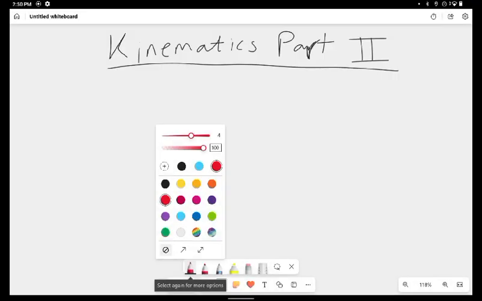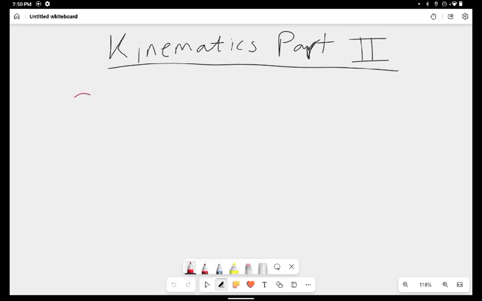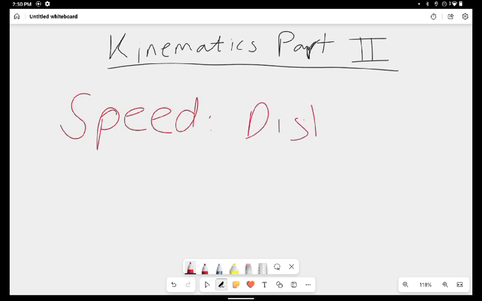Now we'll be starting speed. So speed is the distance traveled. Write it down. Speed is the distance traveled per unit time.